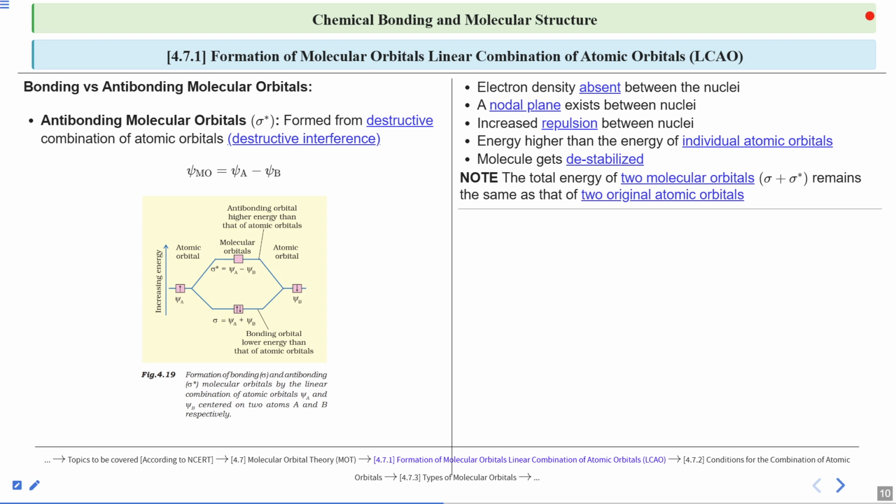The amount by which the energy is decreased, by that same amount the energy is increased. Sigma is going down, and by that same magnitude the sigma star is going up. So the overall energy remains conserved. So you can say that the total energy of the two molecular orbitals is equal to the energy of the original atomic orbitals. So before bonding and after bonding, the energy is the same. Okay.